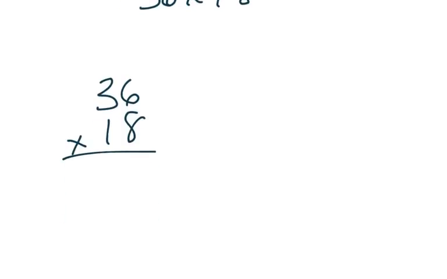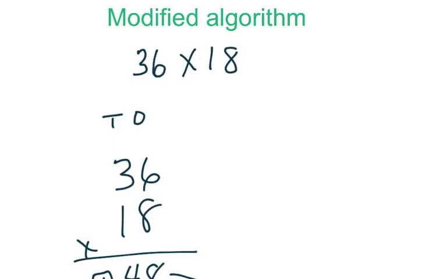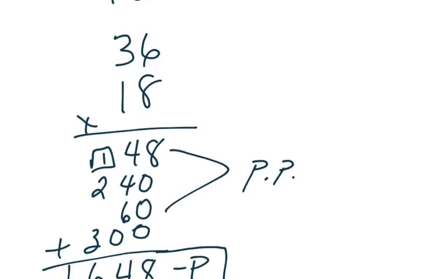So out to the side, the first thing we're going to do is multiply. Our first step is to multiply 8 times 36. Well, 8 times 36 is 288. So if we go back and look, where do we see 288?